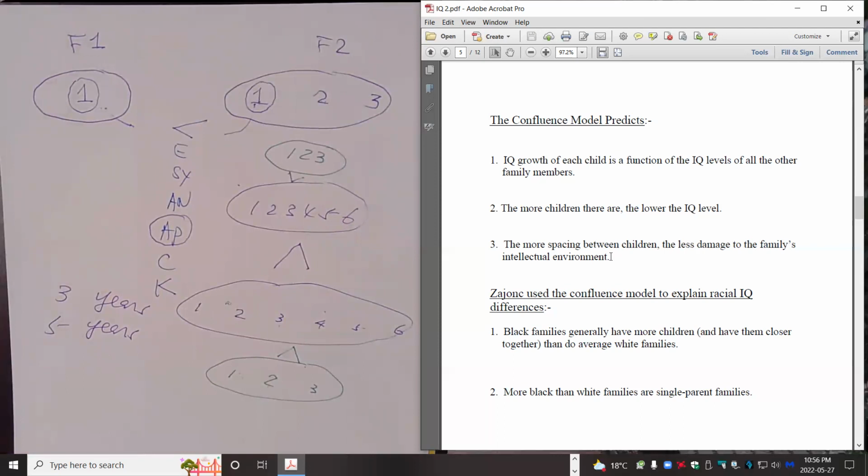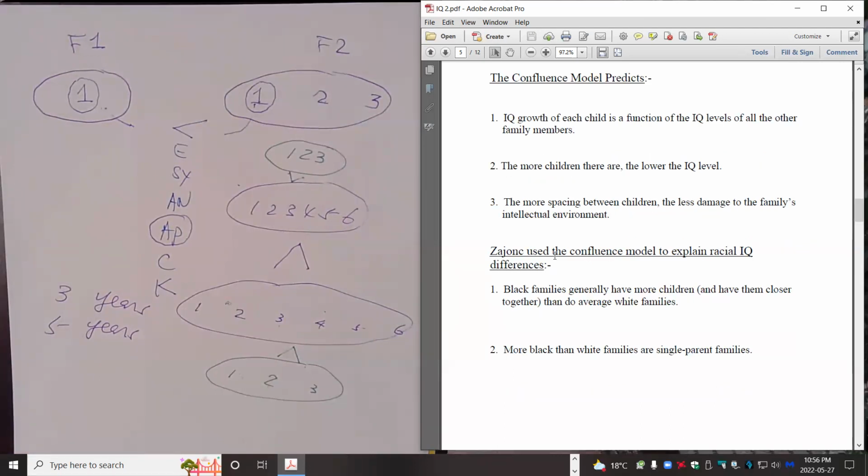Okay, science used the conference model to explain racial IQ differences. According to him, and right on, he had accurate observation. Black families generally have more children and have them closer together than do average white families. And this is even true at this point in time.